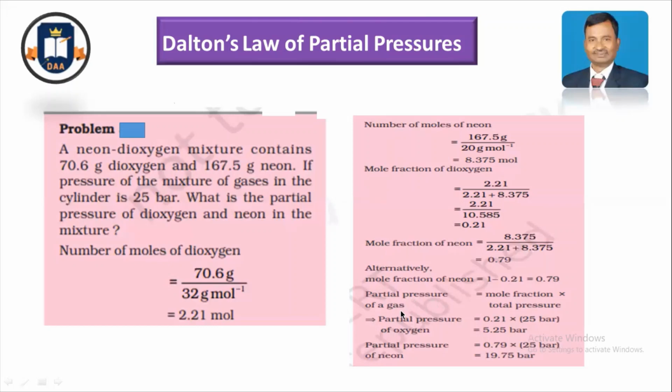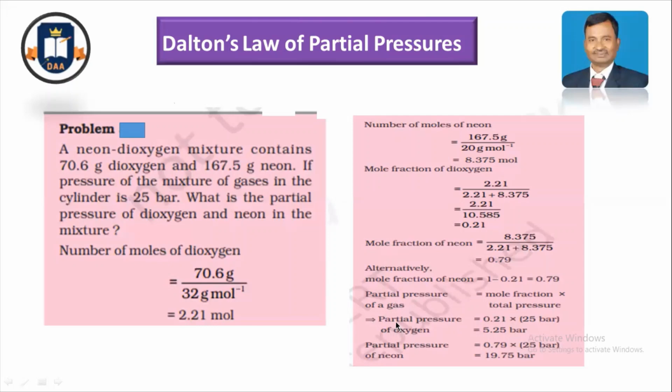So now the partial pressure of the gas: the previous equation I discussed, Pi is equal to Xi multiplied by P total. P total we know, this is 25 bar.